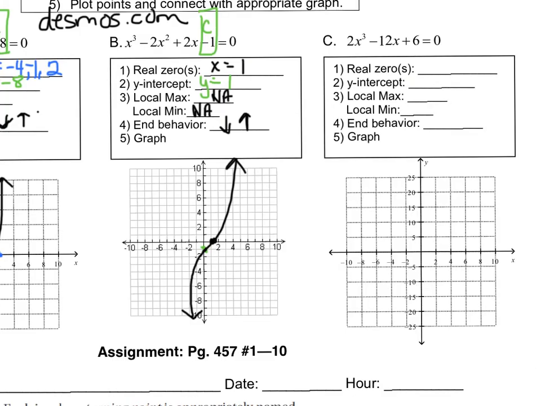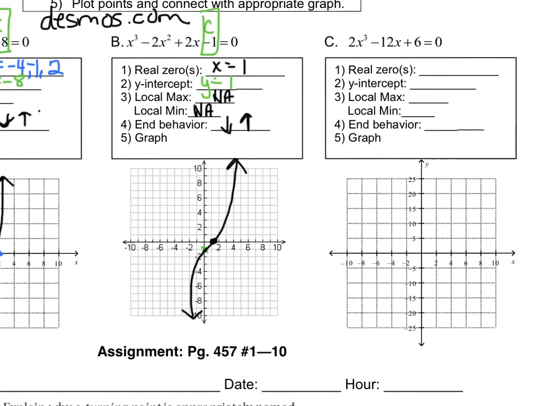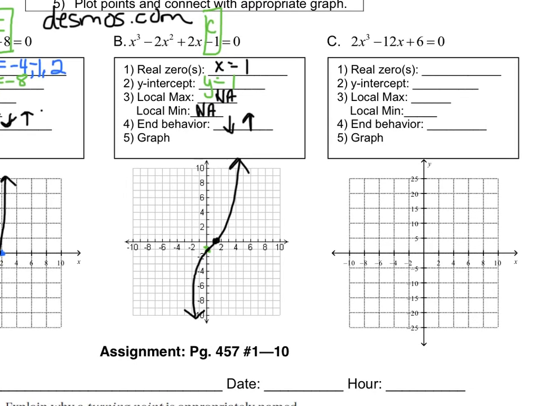I gave you example C because this is one where if you typed it in the calculator, looked at the graph, and then looked at the table, you wouldn't be able to find any perfect real zeros because none of the zeros would show up in the Y column, which means that the zeros don't go through integers on the x-axis. So for this, what you'll have to do is you can either trace or you can just use the cursor and move it left or right so that you can put the cursor on top of where it looks like the graph crosses the x-axis.